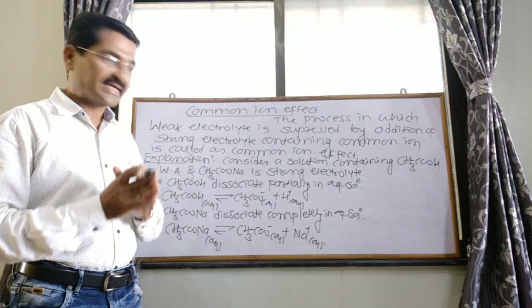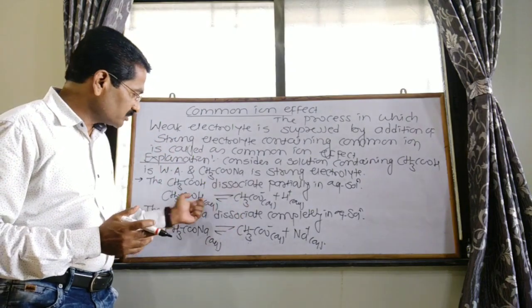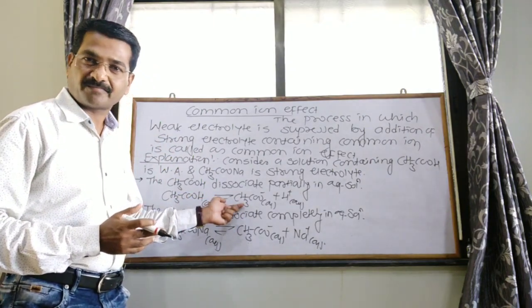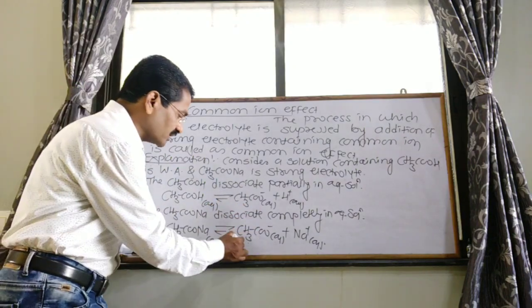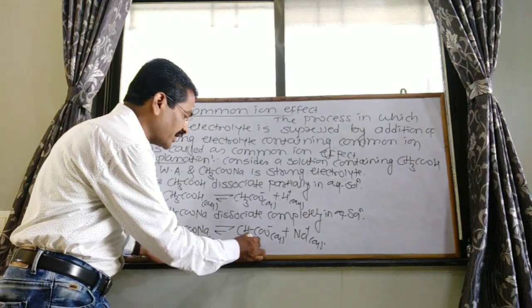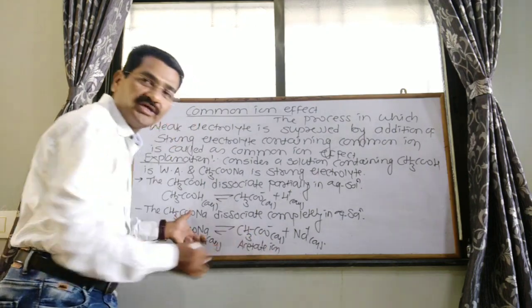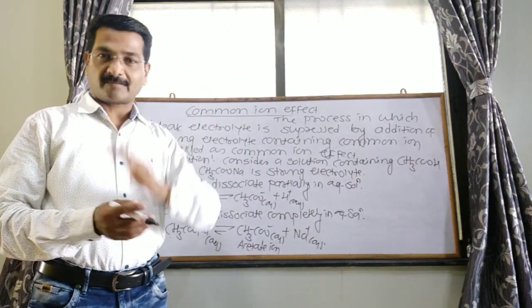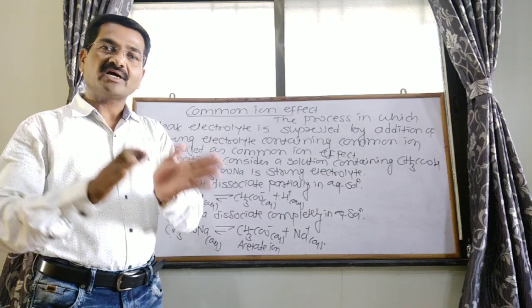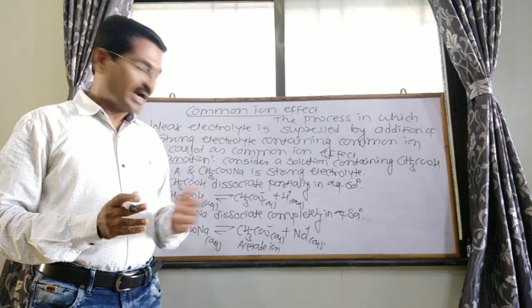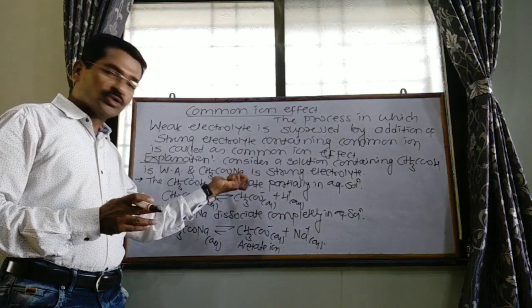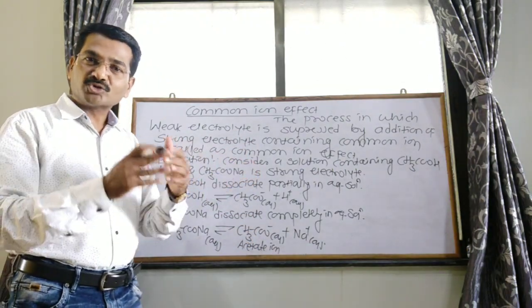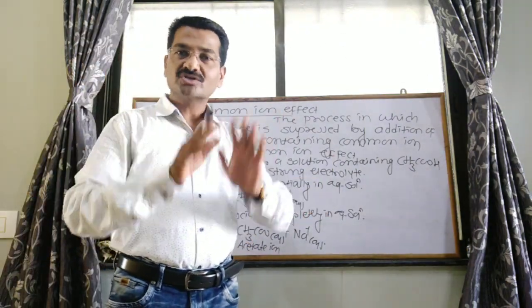The acetate ions of the acetic acid are weak, but the acetate ions of sodium acetate are strong, meaning they have a higher concentration.